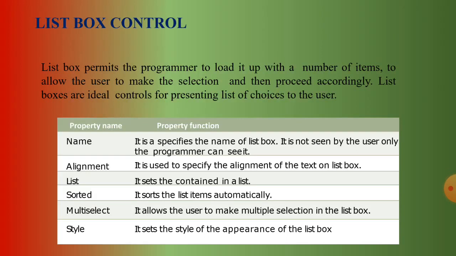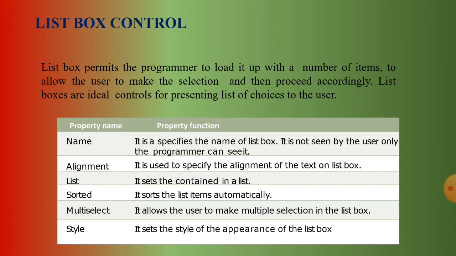The list box permits the programmer to load it up with a number of items to allow the user to make a selection and then proceed accordingly. That means if you want to give a list of values, we can use this list box control.